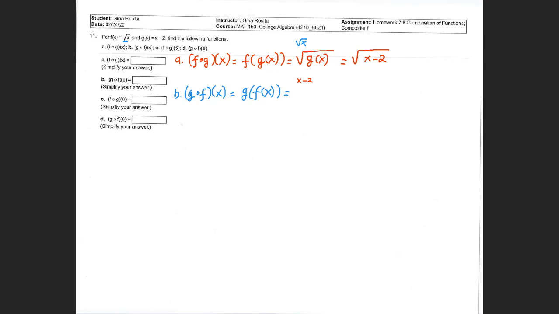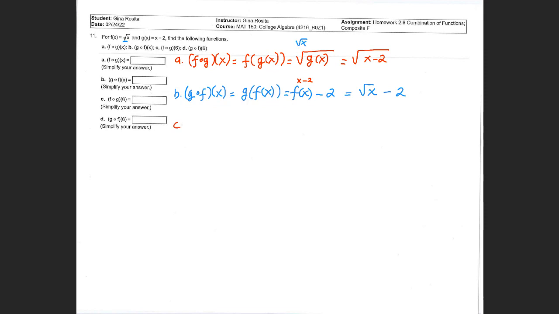Now replace x with f of x, minus 2. So now replace f of x with the function. The function f of x is square root x, so the answer is square root x minus 2.